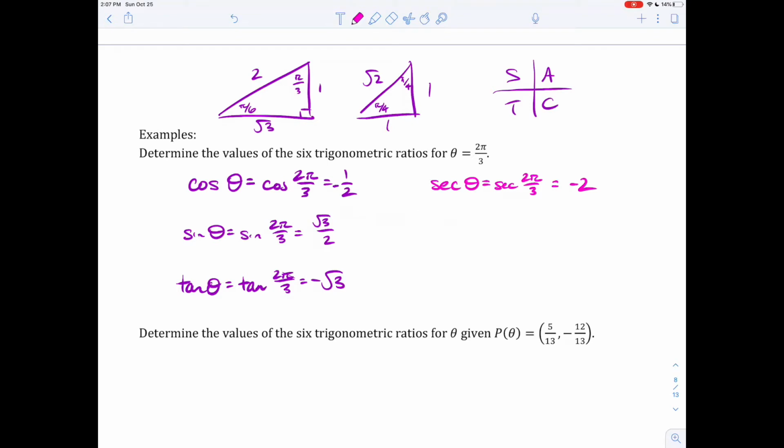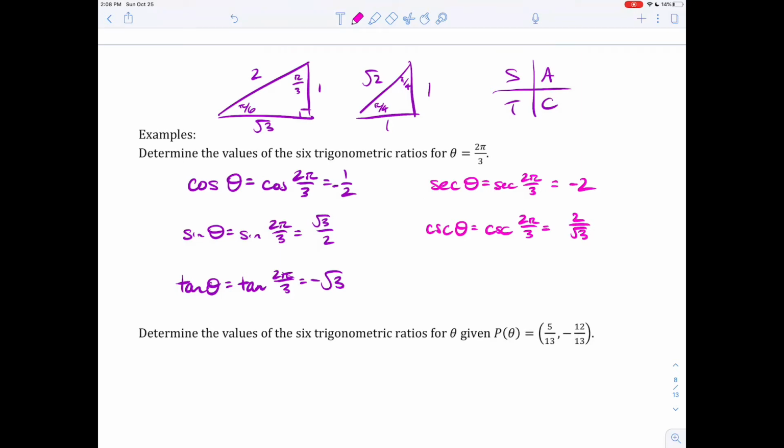Negative 2 is the reciprocal of negative 1/2. That's the connection. So similarly, when we look at the cosecant of theta, which in this case is the cosecant of 2 pi over 3, it's the reciprocal of this thing. Sine of theta is root 3 over 2. Therefore, cosecant of theta is 2 over root 3.